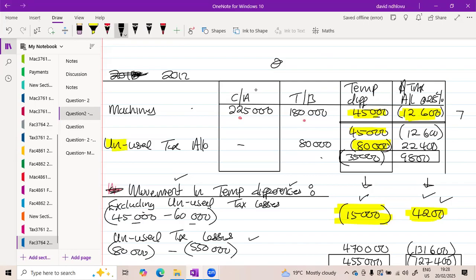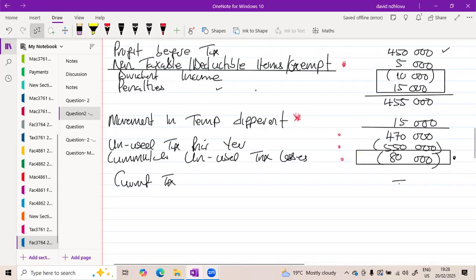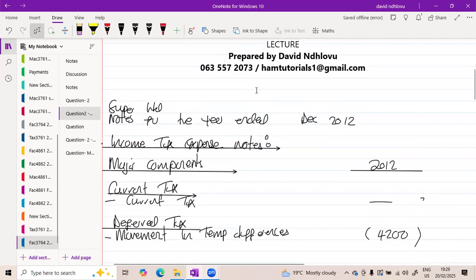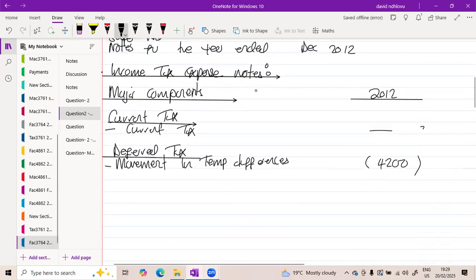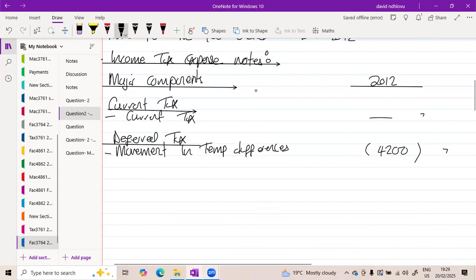So therefore, we are saying the movement in deferred tax here induced a what? A taxable income, sorry, an income tax positive, which means it was what? A tax gain. What are we trying to calculate here? We're trying to calculate a tax expense, but we got tax income. It reduces the tax expense. That's why that figure is in negative. Now, that one students usually don't understand. Any question?